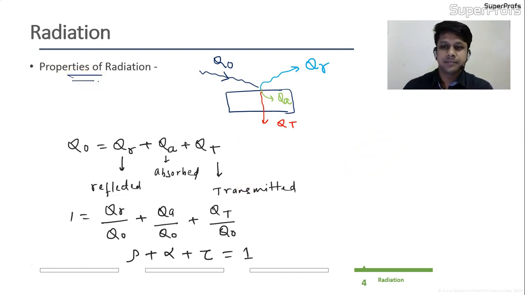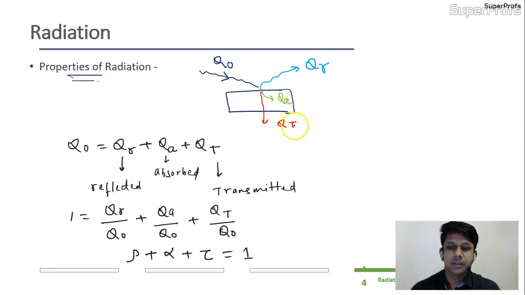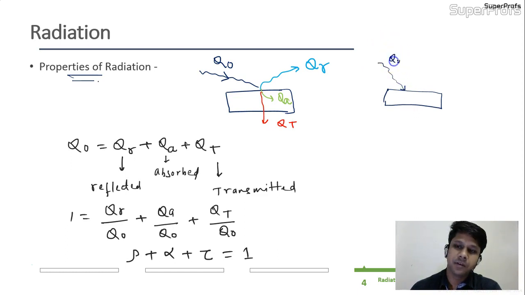So let's consider there is a slab or there is a substance and some radiation is falling on it, or heat in the form of radiation, in the mode of radiation is falling on it, and the magnitude of this heat is Q0.